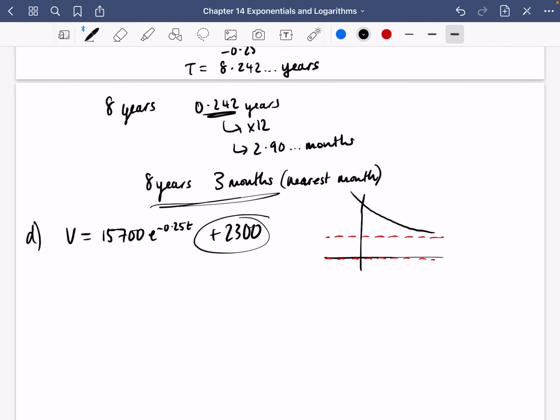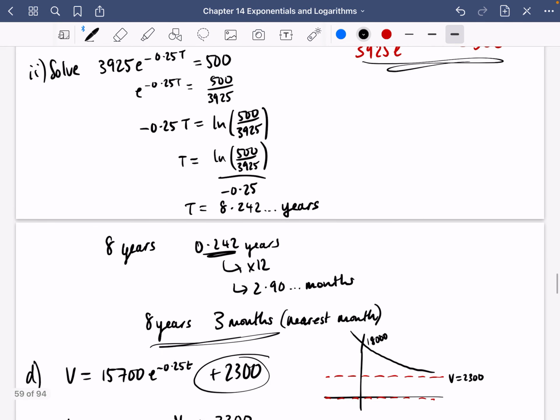So if you think about what this looks like, it's crossing at 18,000. And we've said that the asymptote has raised up to the line 2,300. So as t becomes a big number, as t increases, we think that the value is going to go towards 2,300.